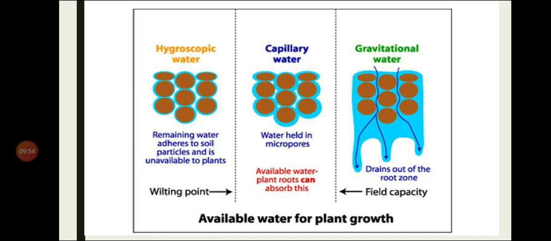The remaining part of the chapter, from 6.4 onwards, that is absorption of water by roots from the soil, then 6.5, 6.6, 6.7, 6.8, 6.9, 6.10, 6.11, 6.12, 6.13, till the end of the chapter it is omitted, it is deleted.